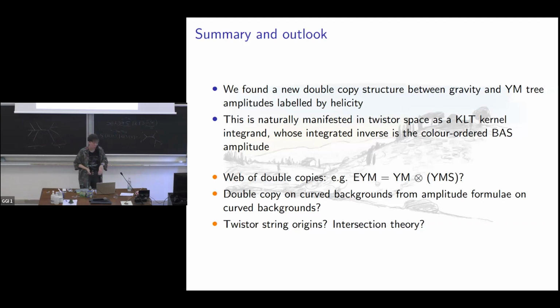Is there anything more concrete that we can say about double copy on curved backgrounds using what I showed earlier? And lastly, some more conjectural things, like does there exist some twistor string origin for this structure? Does it come from intersection theory in some way, like a lot of other KLT double copy things do? These kinds of things. And with that, I'd like to thank you.